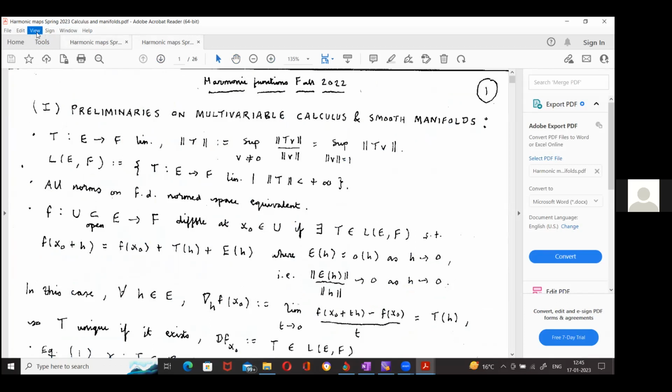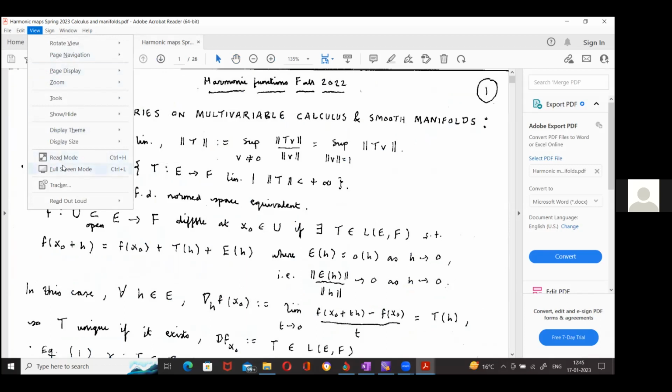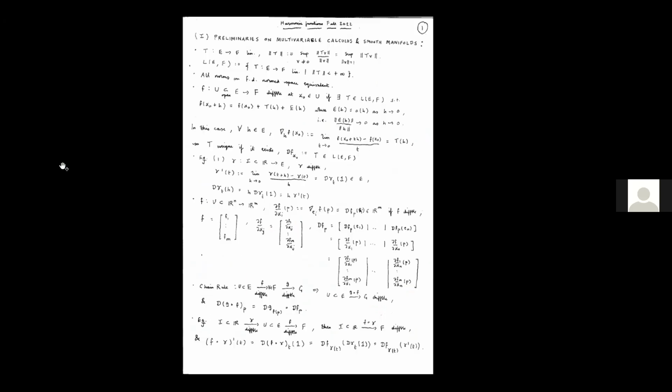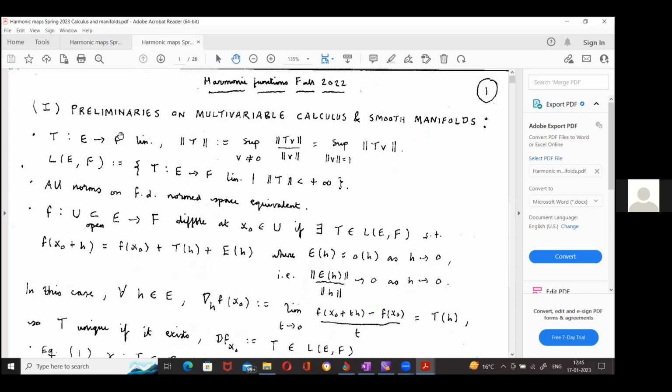Let me recall some basic definitions. So suppose T is a linear map between two normed vector spaces E and F.